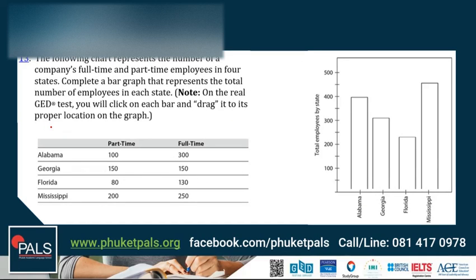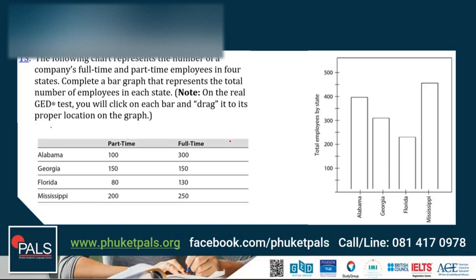Number 13. The following chart represents the number of companies' full-time and part-time employees in 4 states. Complete a bar chart that represents the total number of employees in each state. Now, to answer this question, the first thing that we need to do is add the total employees in every state.